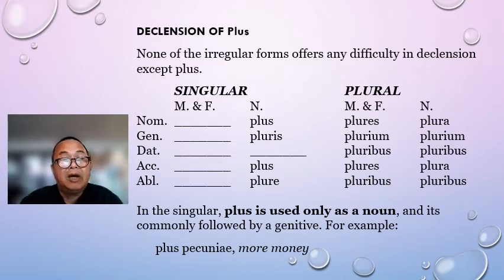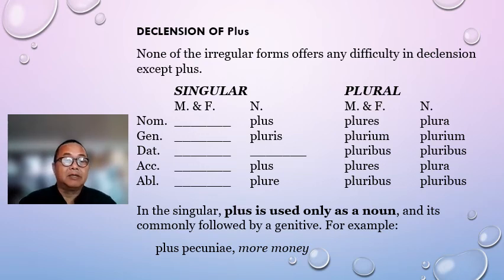But in Latin, no. Plus is not an adjective. It is a noun. And it accompanies a genitive case. So that if you want to say more money in Latin, you will say plus pecuniae. So pecuniae here, genitive, is sometimes called the partitive genitive.